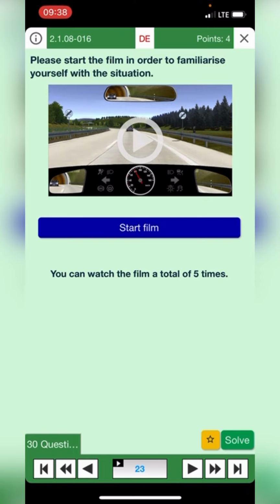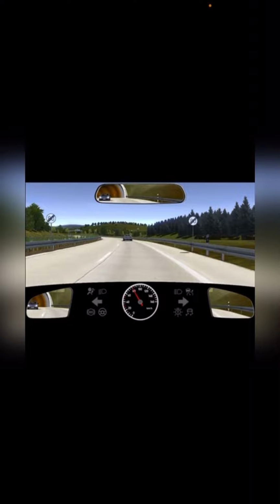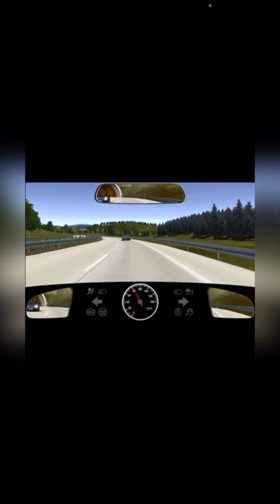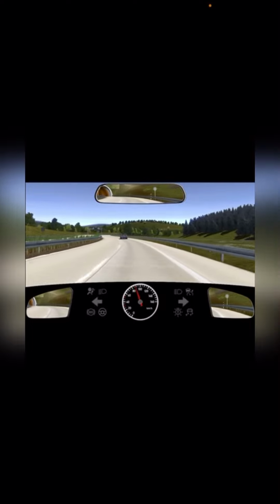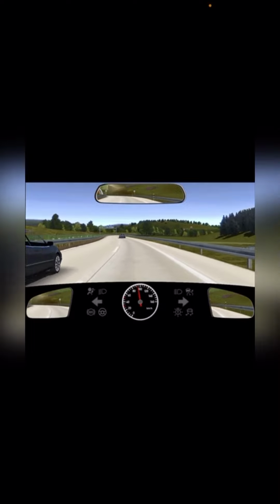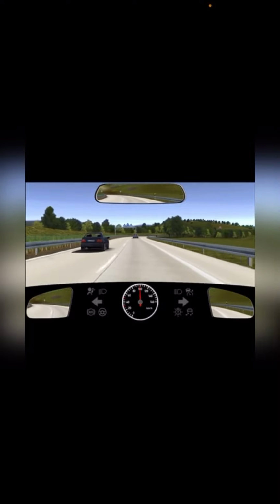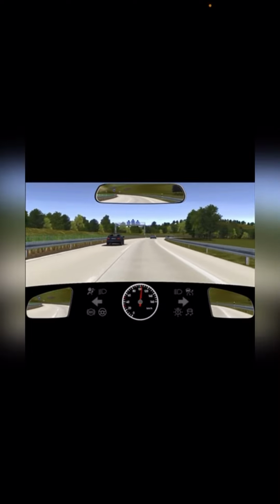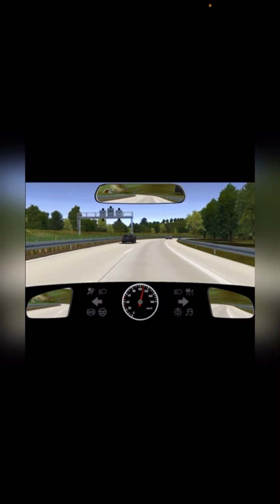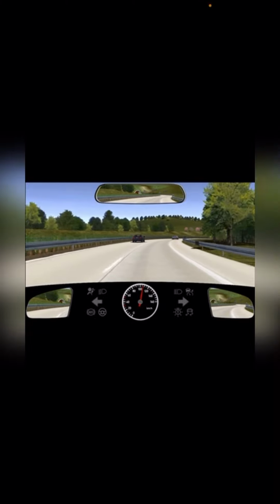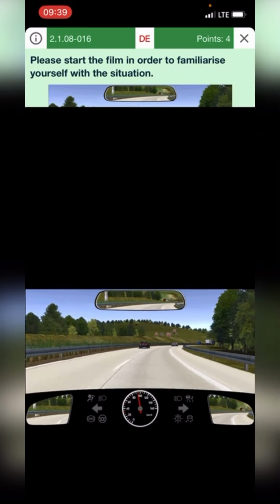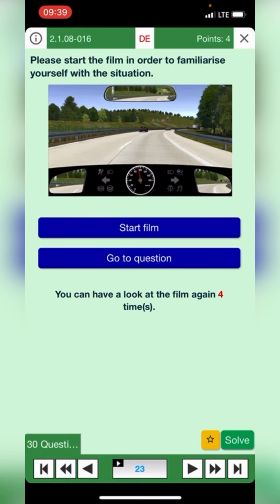Please start the film in order to familiarize yourself. Let's start the film. Let's see, what do you see? I see that the black car had switched on the hazard warning lights.